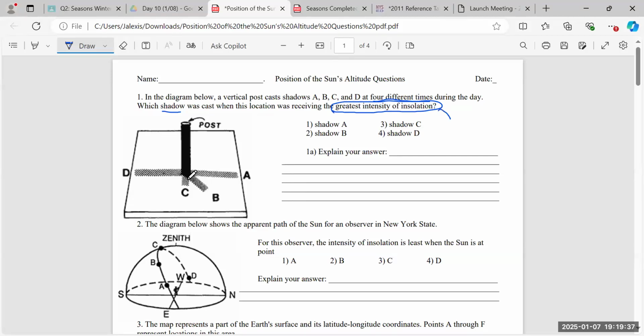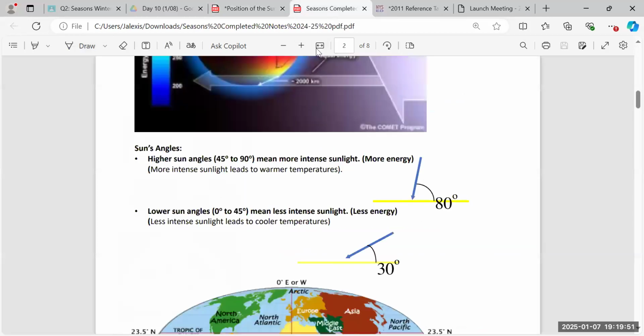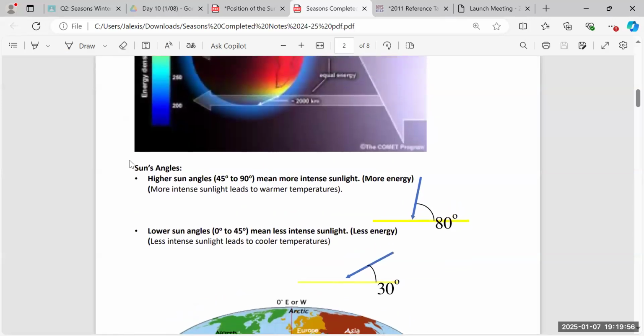So we first have to understand something. How must the sun be positioned in order for a location to receive the greatest intensity of insolation? Well, in our notes, if we look on page 2, we see that higher sun angles mean more intense sunlight.